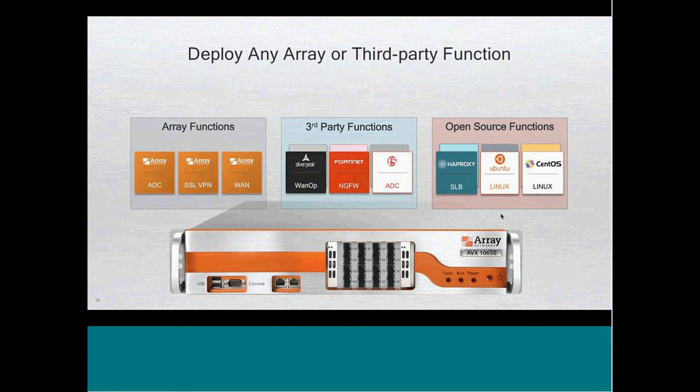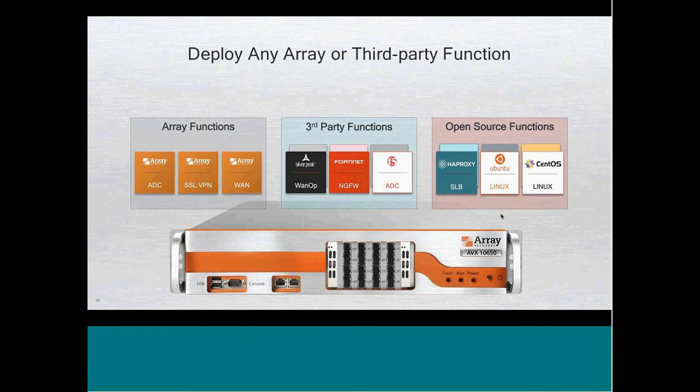Number one, starting from the left, is Array functions. Array makes virtual appliances, specifically a virtual application delivery controller, virtual SSL VPN, or virtual WAN optimization controller. Those functions can come from Array, and you can choose to run those virtual functions on this Array platform. But if you don't want Array, that's perfectly fine.